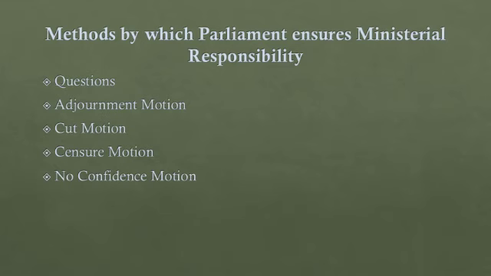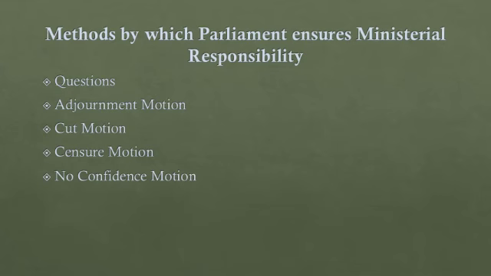Next, we will learn about the methods by which Parliament ensures ministerial responsibility, or control of Parliament over the executive, that is the Council of Ministers. There are several methods by which Parliament ensures ministerial responsibility.